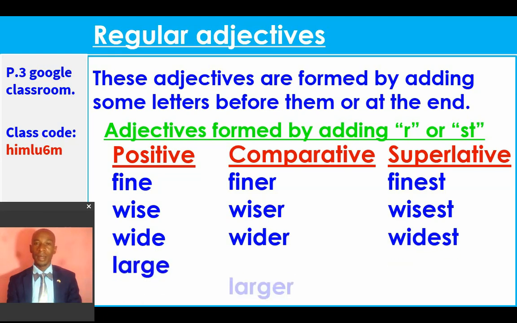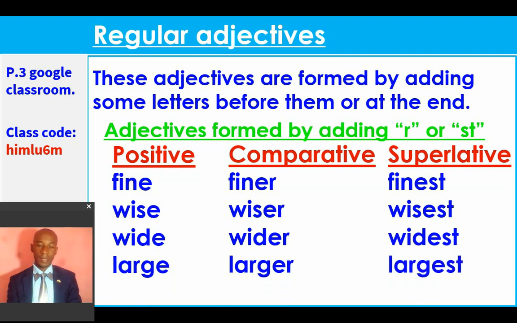Large, larger, largest. Finally, we can have safe, safer, safest. So this category of adjectives that end with vowel letter E, we only add R under the comparative degree, then we add ST under the superlative degree.